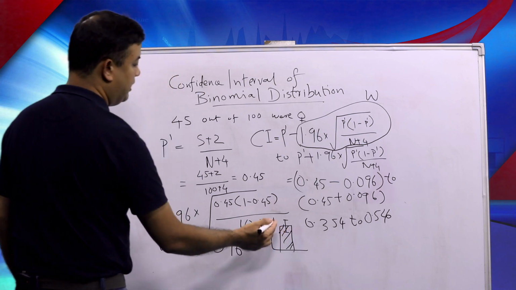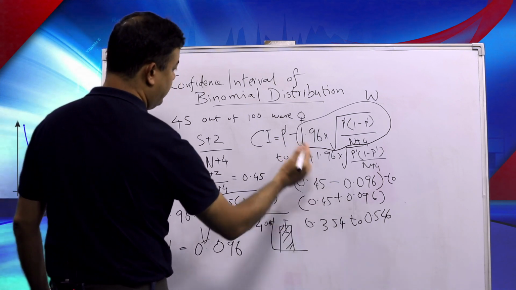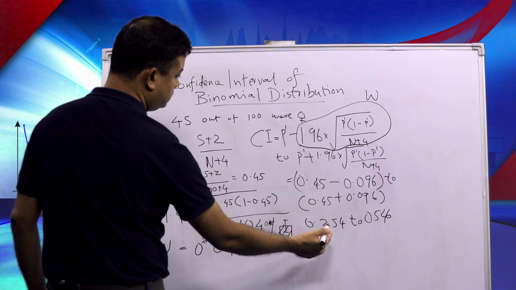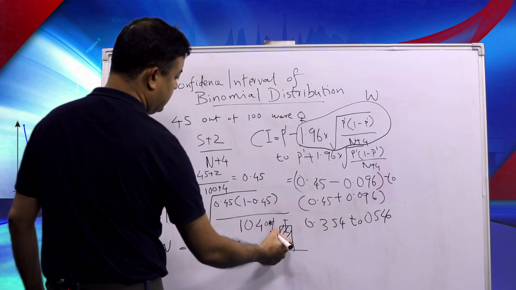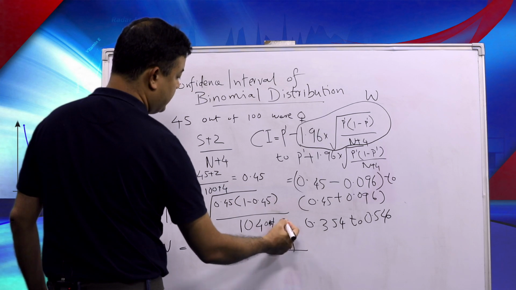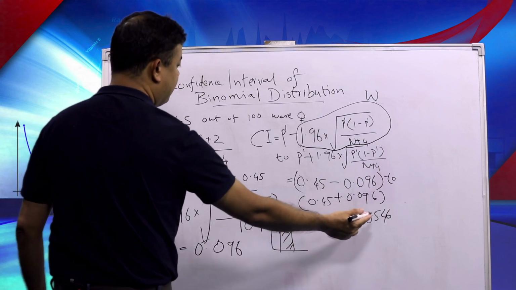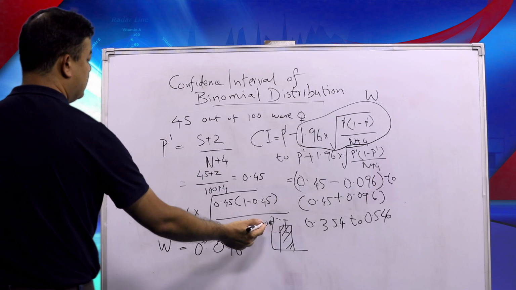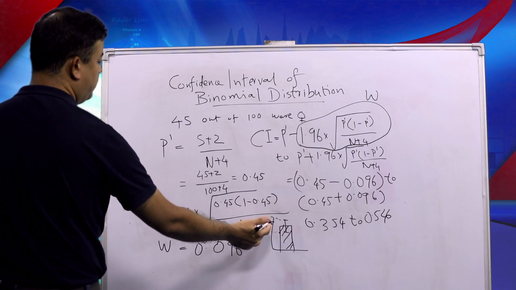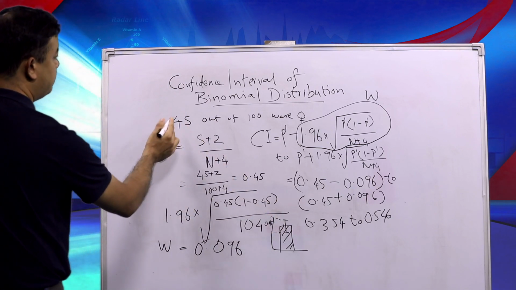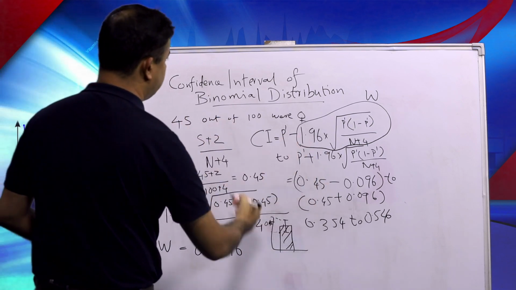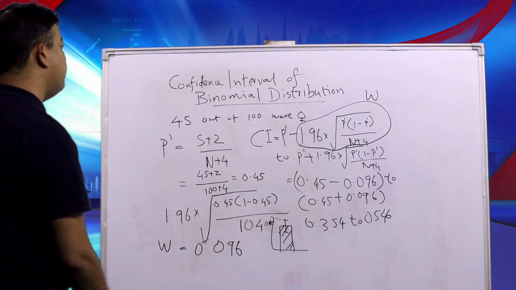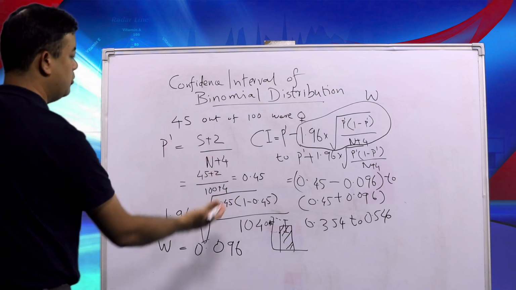So 0.45 plus or minus this value, the width. You are going to get 0.354 as the lower limit, while the upper limit is 0.546. So 0.45 is because of this proportion, 45 divided by 100. That is how to calculate the confidence interval of the binomial distribution.